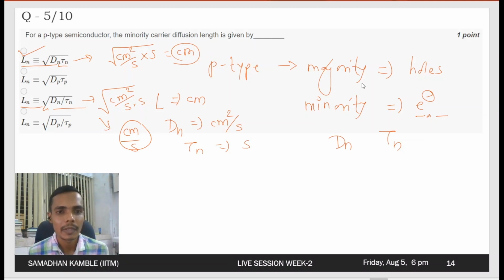So for a p-type semiconductor, the minority carrier diffusion length is given by the square root of Dn times tau n, where Dn is the diffusion coefficient and tau n is the characteristic time. I hope this is clear, and let's move to the next problem.